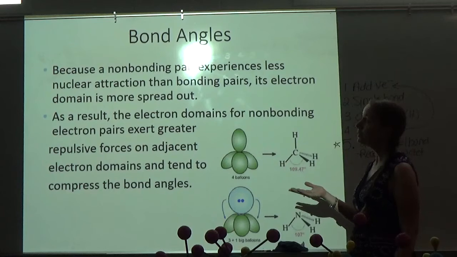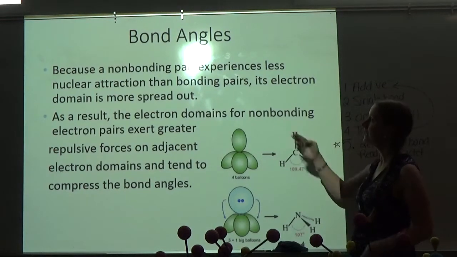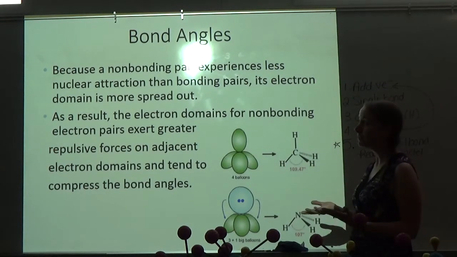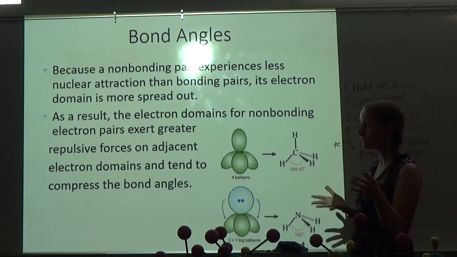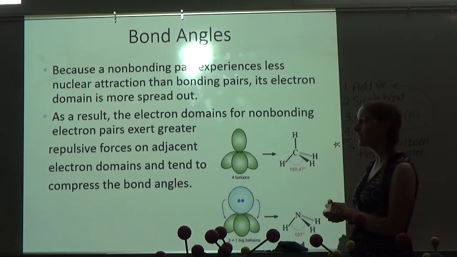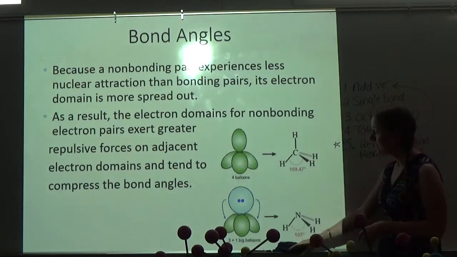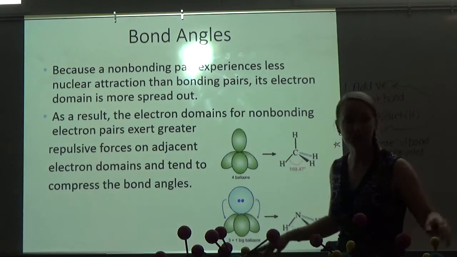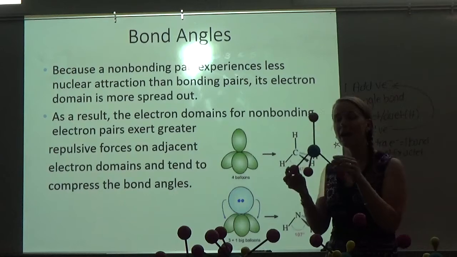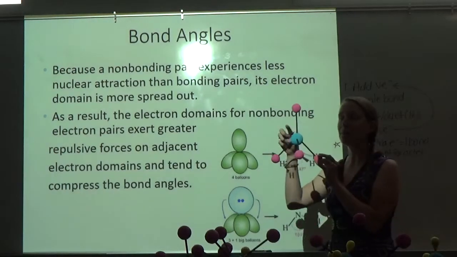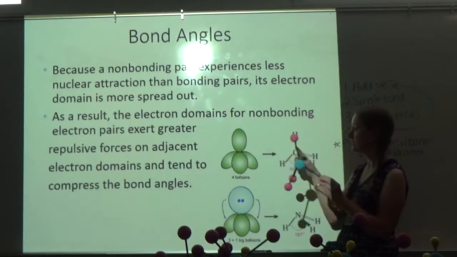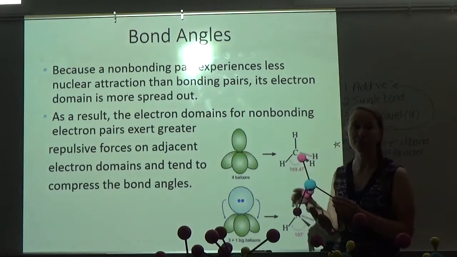So when you have a lone pair, the electron domains for the non-bonding pairs exert greater repulsive forces on the other electron domains and tend to compress the bond angles. Normally in a tetrahedral setup like this, our bond angles are about 109.5.